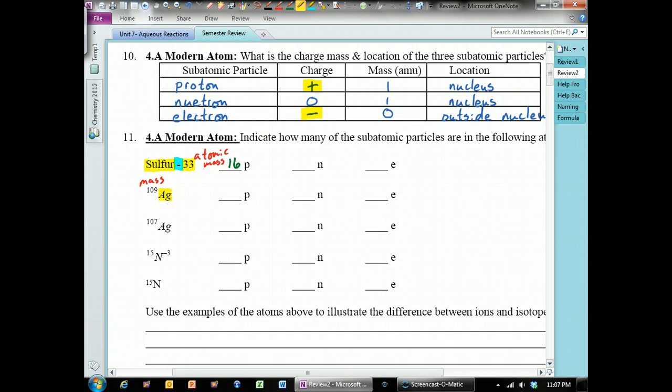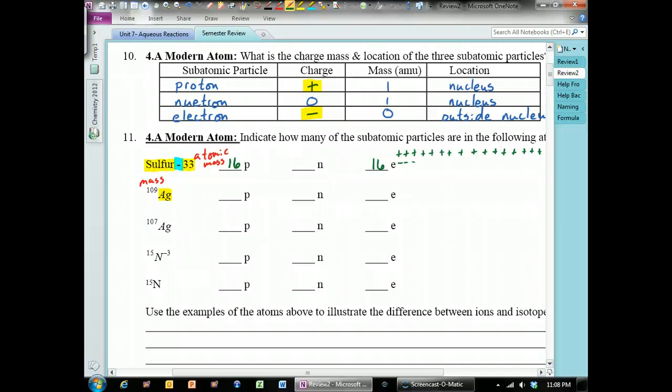So that means there are an equal number of electrons, 16 in this case. If there are 16 protons and 16 electrons, they end up canceling each other out, and so you end up with a neutral atom.